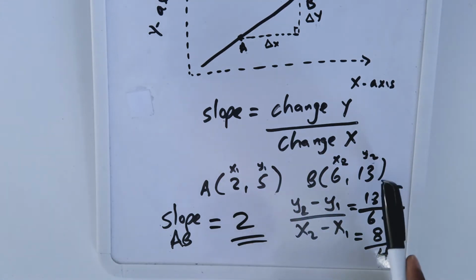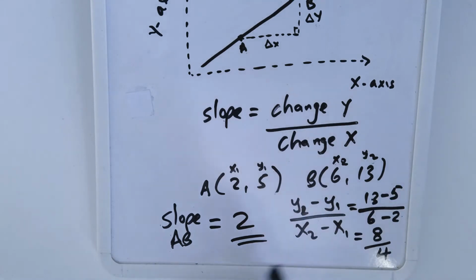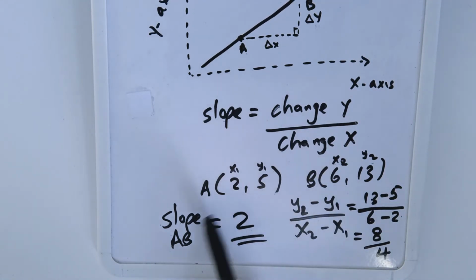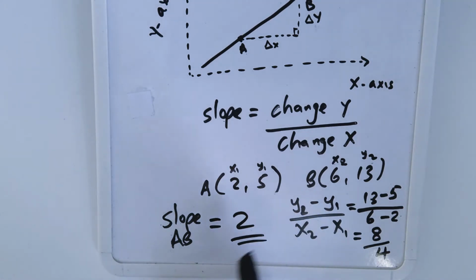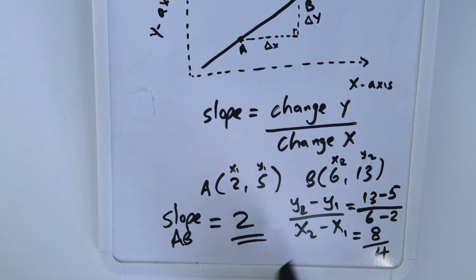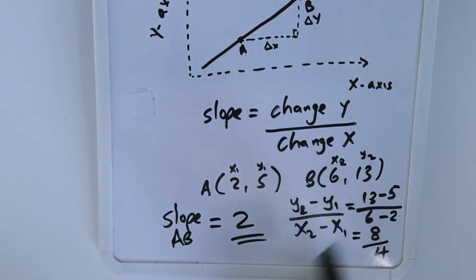And then identifying which one is y2 and which one is y1 and which one is x2 and which one is x1 is key too. And once you've identified those, then you just subtract y1 from y2, and then x1 from x2, which gives me in this case 13 minus 5 divided by 6 minus 2.